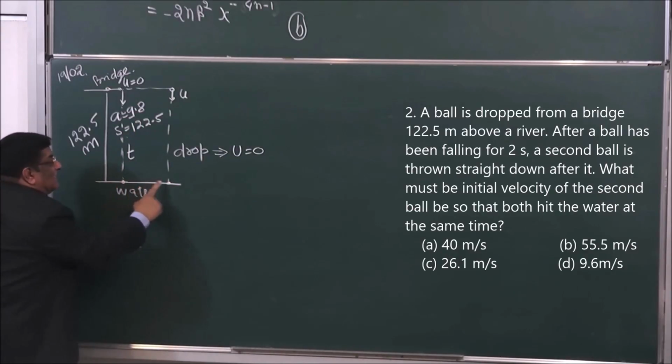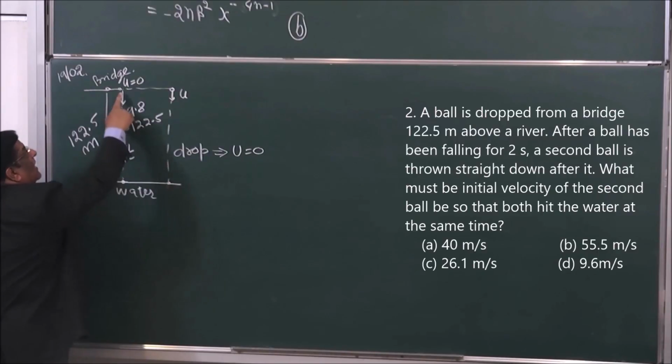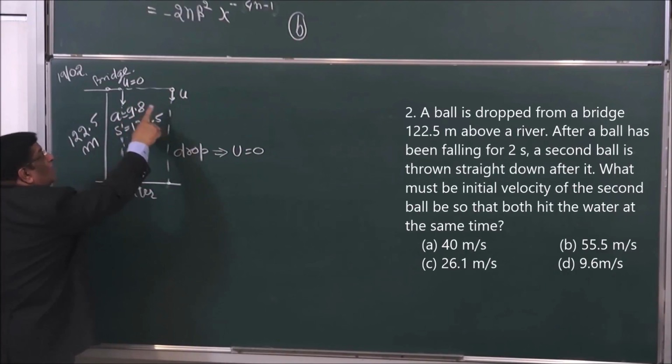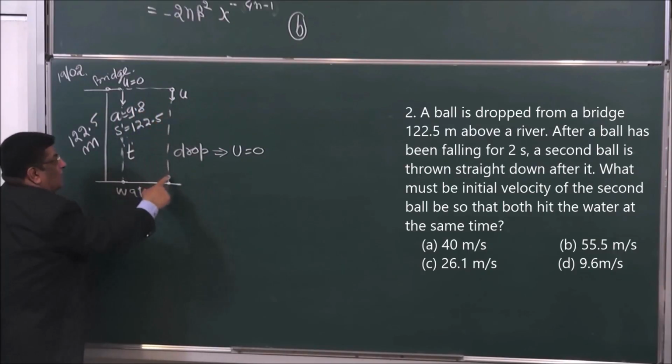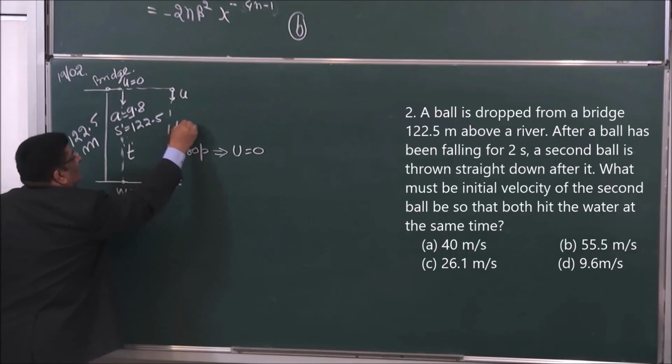If both are hitting at the same time, how much time has it got to fall? T seconds. How much time has the second ball taken to fall? It was dropped after 2 seconds, so it was here after 2 seconds, then it was dropped, then it has got the time t minus 2.